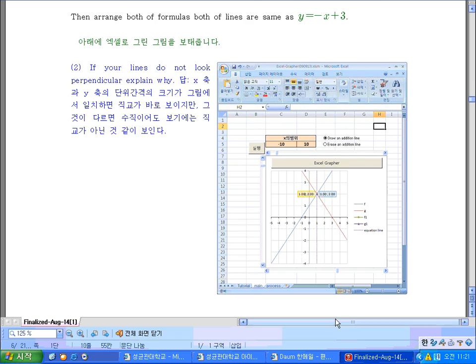The previous one was a parametric grapher in Java that we made, and this is the Excel grapher that Mr. Kim recently made.